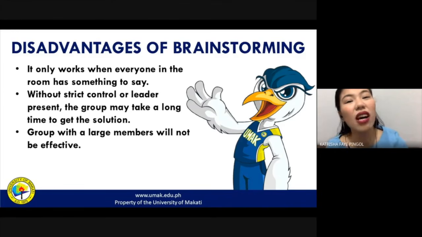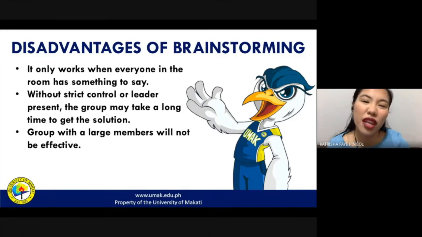Okay, because a lot of them may not participate. Some of them may struggle with sharing the information because there are way too many people speaking all at the same time. So it could be challenging when there is a large group of people in the group.